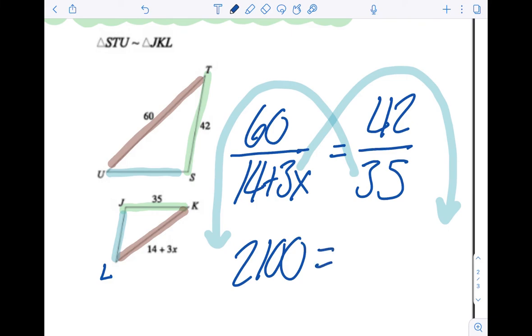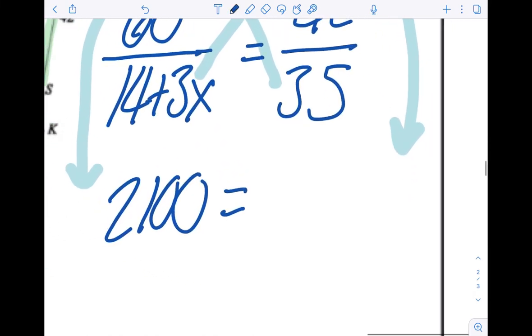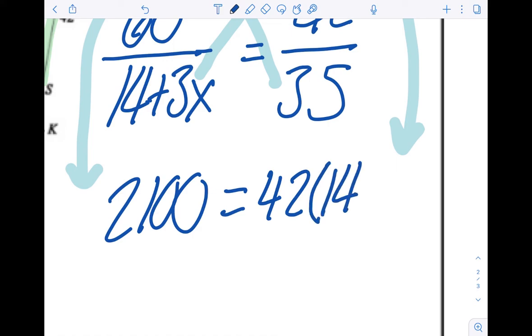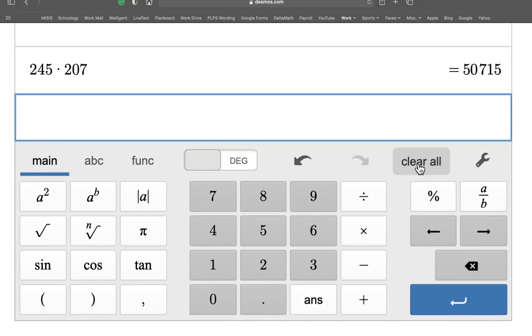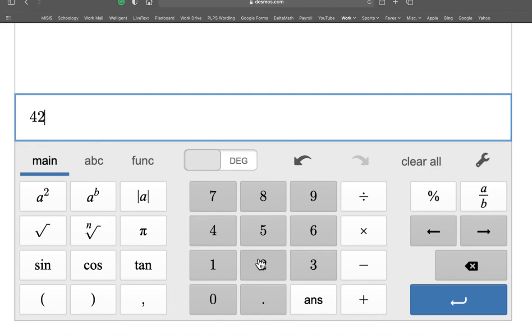So that gives me 2100 is equal to 14 plus 3x times 42. So check it out. 42 times 14 plus 3x. I must distribute this, 42 times 14 and 42 times 3. 42 times 14 is 588.